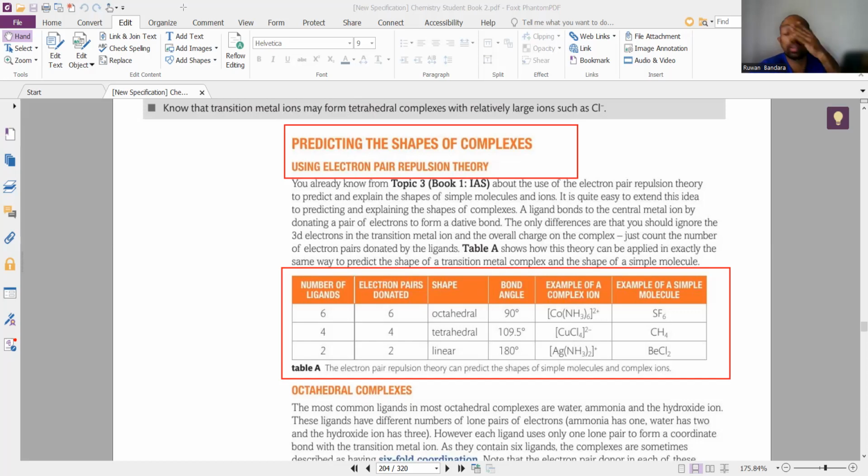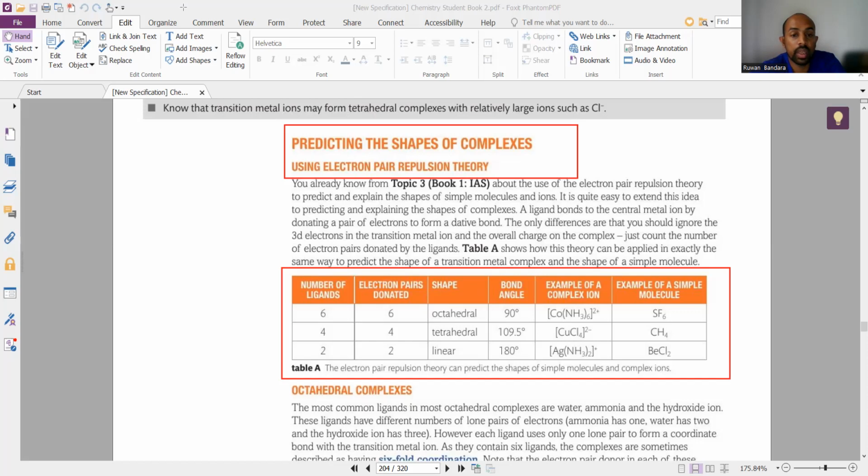So what we learned was the shapes of the complexes. It goes according to the electron pair repulsion theory, and the number of ligands.